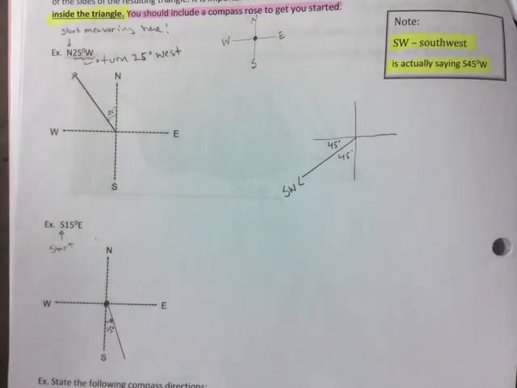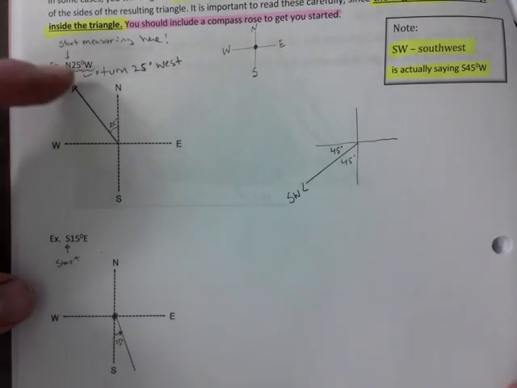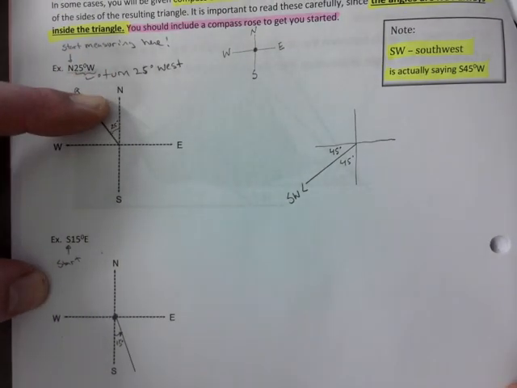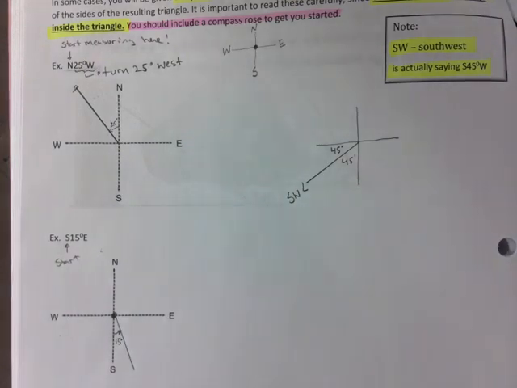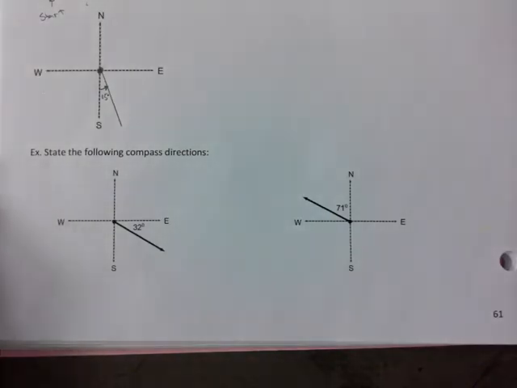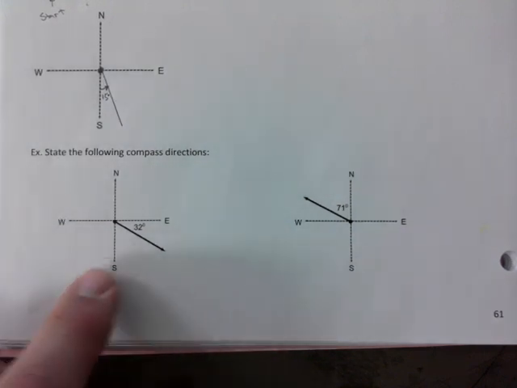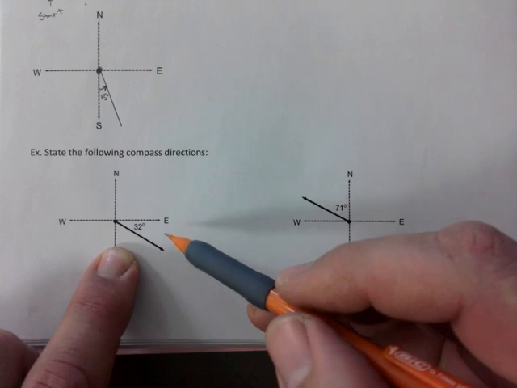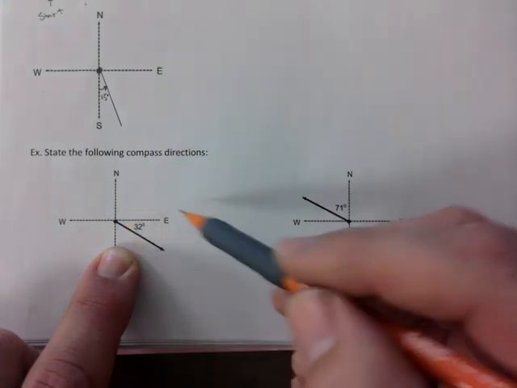Okay. So this is how you read and how you sketch it, and let's look at how you would read it. State the following compass direction. You start with one of the horizontals or verticals.